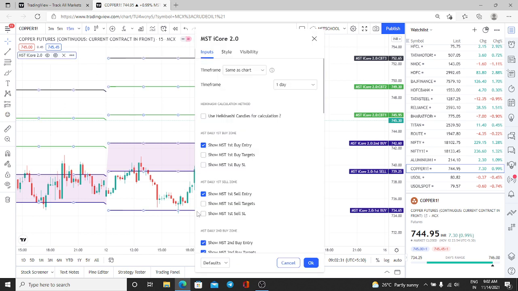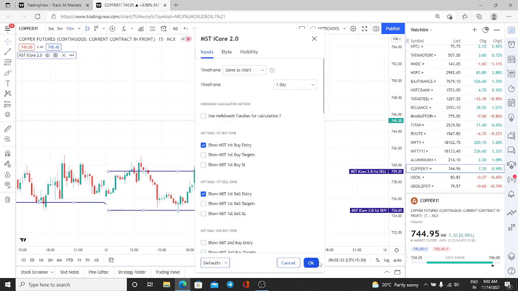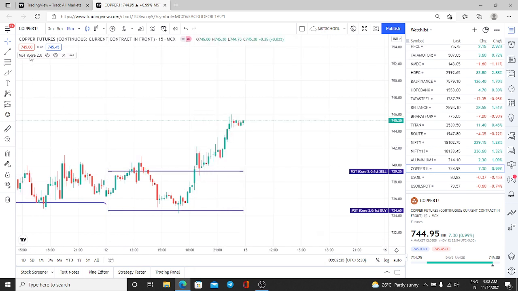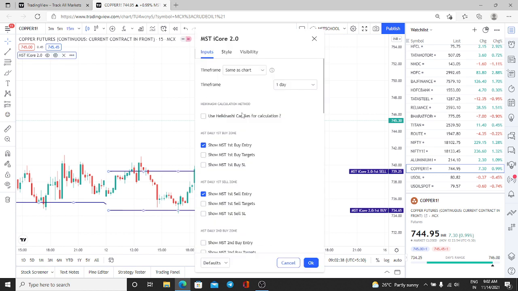If you want to keep Heikin-Ashi, that's your wish, we are not recommending it. But sometimes we trade only for the reversal process, so Heikin-Ashi also you can use. It will give you more accuracy and avoid some false signals. So we have given the option. It is up to you.